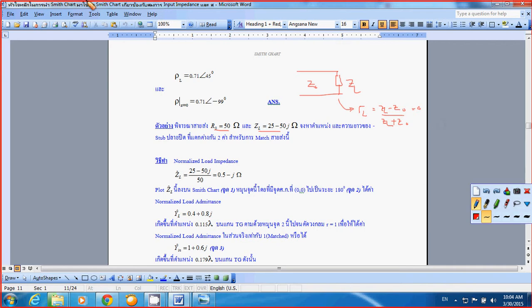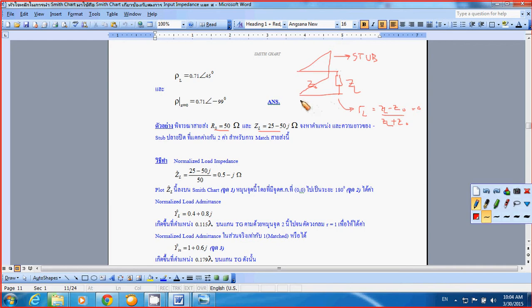But in case you cannot change your ZL to be equal to Z0, what you need to do is bring another transmission line connected in parallel with the original transmission line here. The new transmission line we call a stub, S-T-U-B, which can be either an open circuit stub or a short circuit stub.